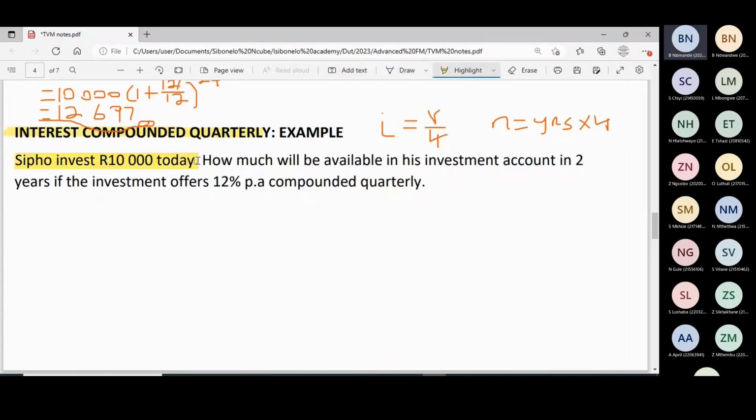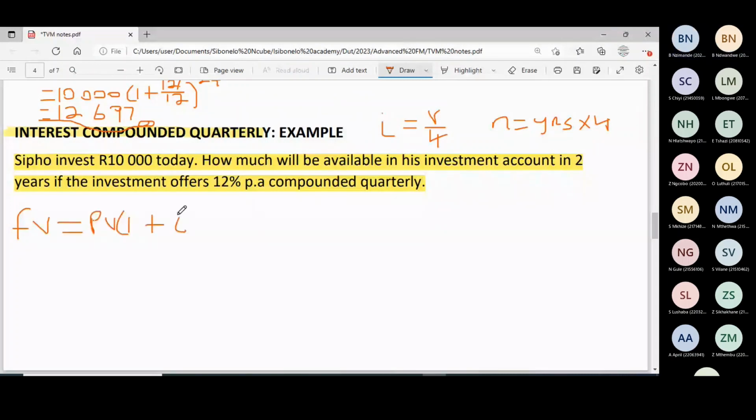Sipo invests 10,000 today, the present value. How much will be available in his account in 2 years if the investment offers 12% per annum compounded quarterly? In this case, interest is compounded quarterly. We want the future value, the amount that will be available in his investment account after 2 years. The formula is PV times (1 plus i) exponent n.